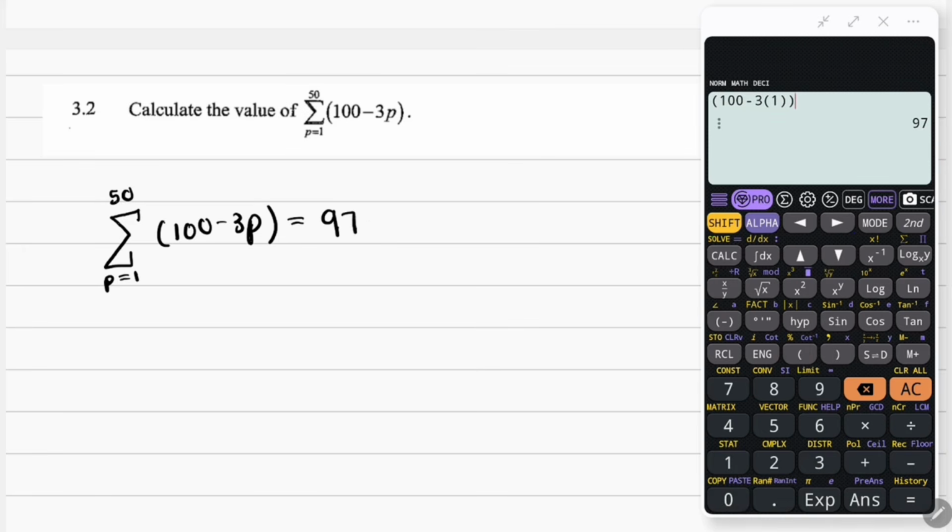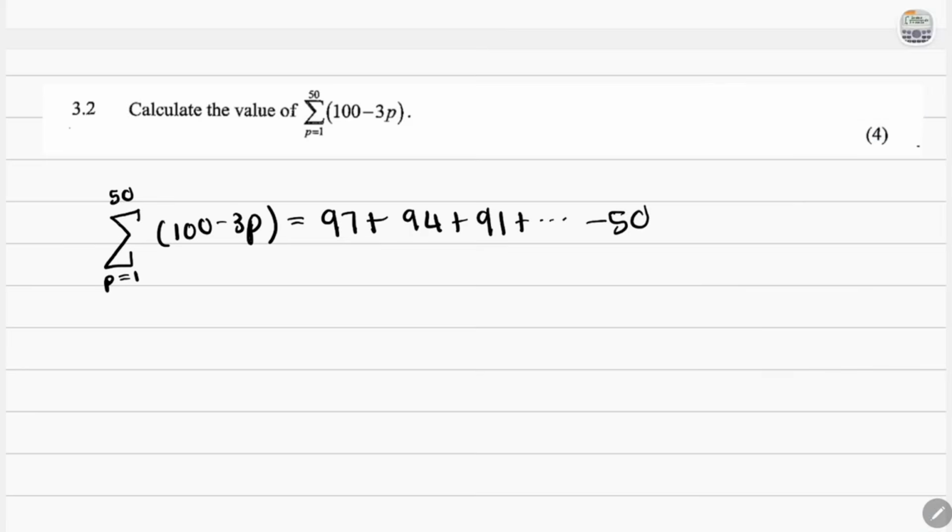So you're going to say this is 97 plus, and the next term you substitute p equals 2, and that's 94 plus, and the next term 3, and that's 91. And in this one, we actually know what the last term is going to be because we know that p equals 50. So substitute in place of p 50, and that is negative 50. So it ends at negative 50. Okay, no problem. So we rewrite it first.